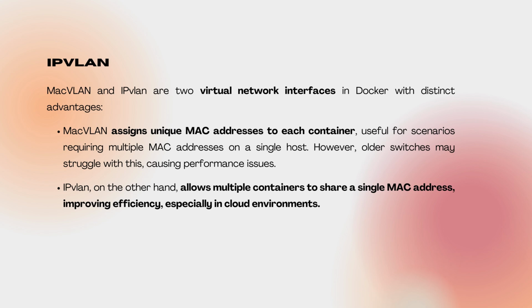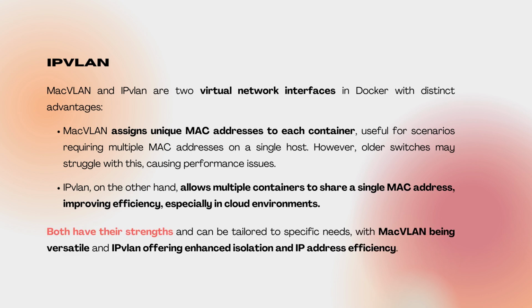IPvlan, on the other hand, allows multiple containers to share a single MAC address, improving efficiency, especially in cloud environments. Both have their strengths and can be tailored to specific needs, with MacVLAN being versatile and IPvlan offering enhanced isolation and IP address efficiency.